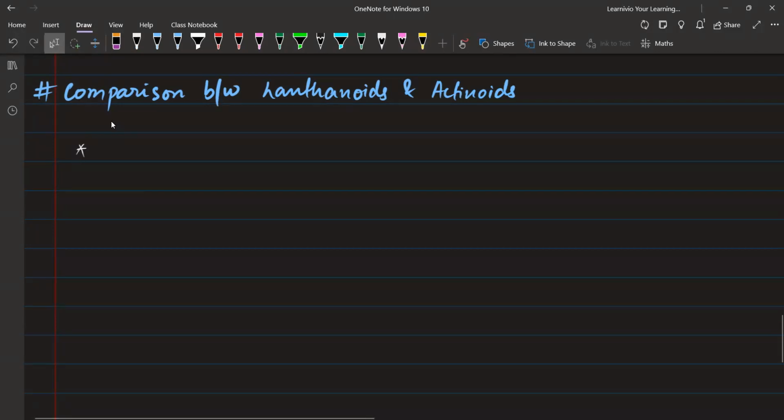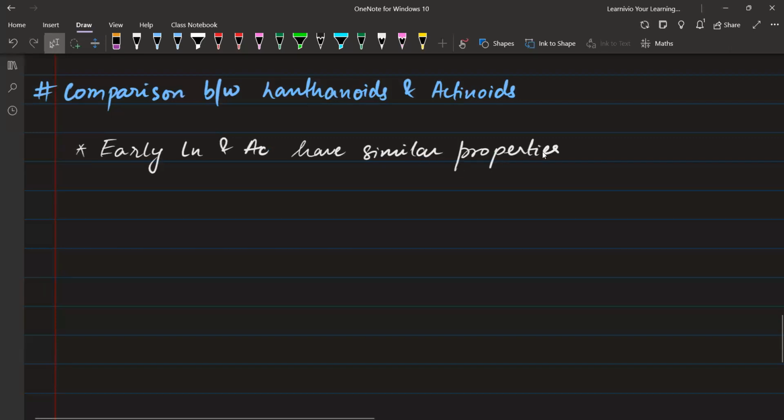फर्स्ट ऑफ पॉइंट, कुछ सिमिलैरिटीज हम आपको बता देते हैं. For example, early lanthanides and actinides have similar properties. ठीक है. Meaning, like for example, initially you have cerium, thorium, and cerium और thorium के जैसे जो elements हैं, they are going to have similar properties, है ना.